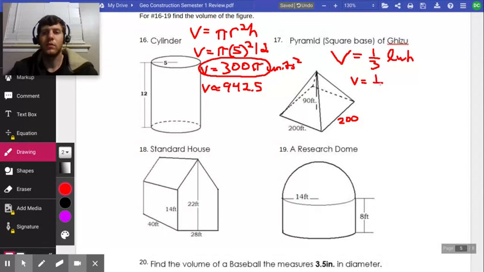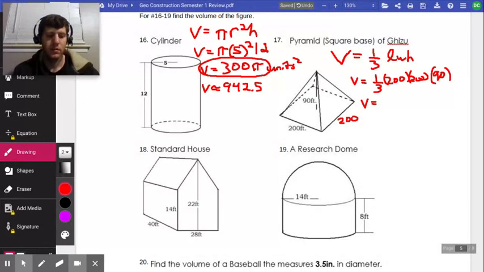So we're going to have 1/3 length times width, 200 times 200, and then a height of 90. Okay, so that's going to give us, if we put that all in, 1/3 times 200 times 200 times 90. So 200 times 200 times 90 divided by 3.